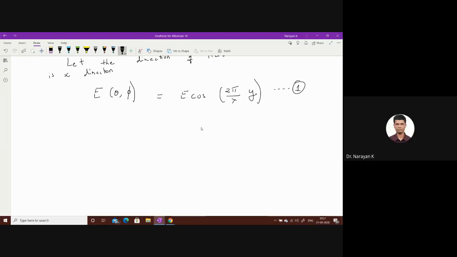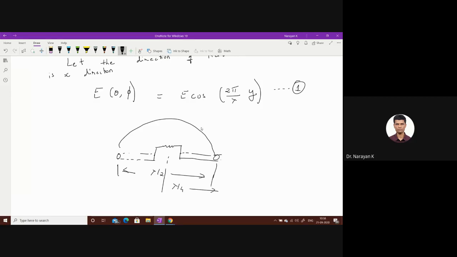Yes, sir. Very good. Please draw one more diagram. This derivation is a little bit tricky. This whole length is your lambda by 2, so this half length will be lambda by 4.